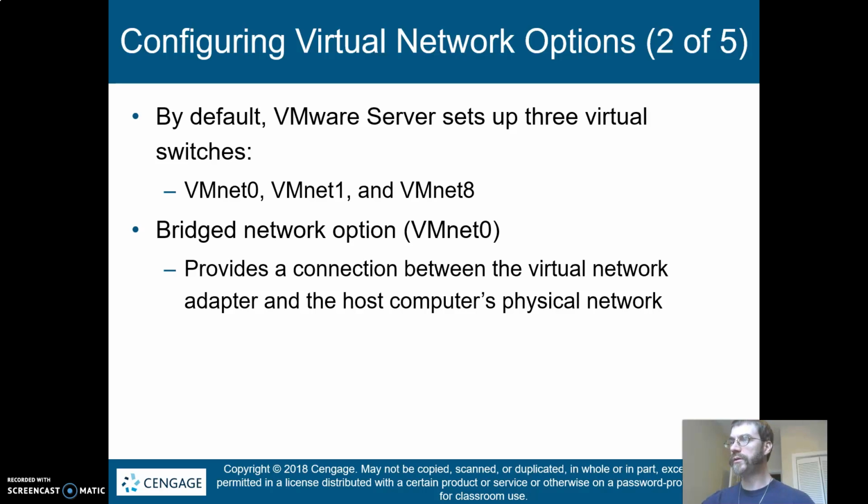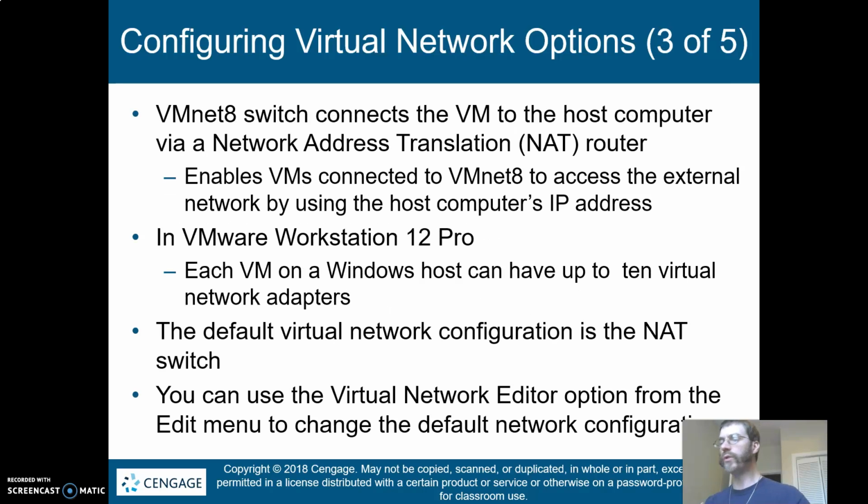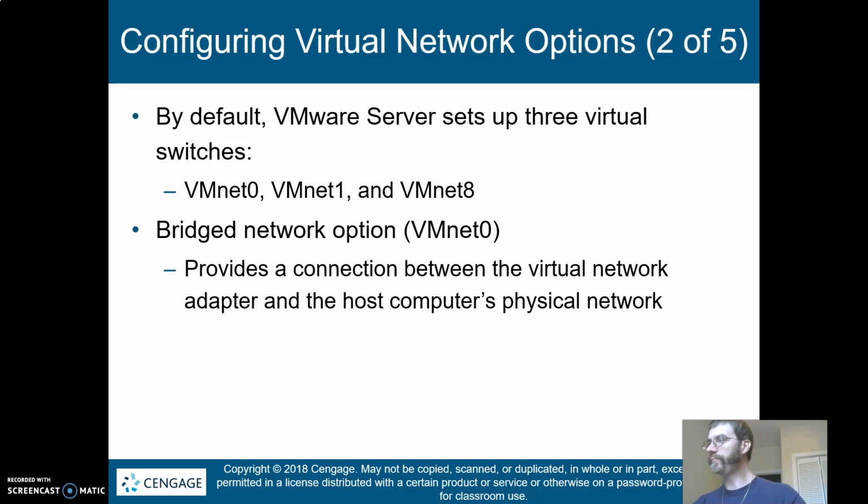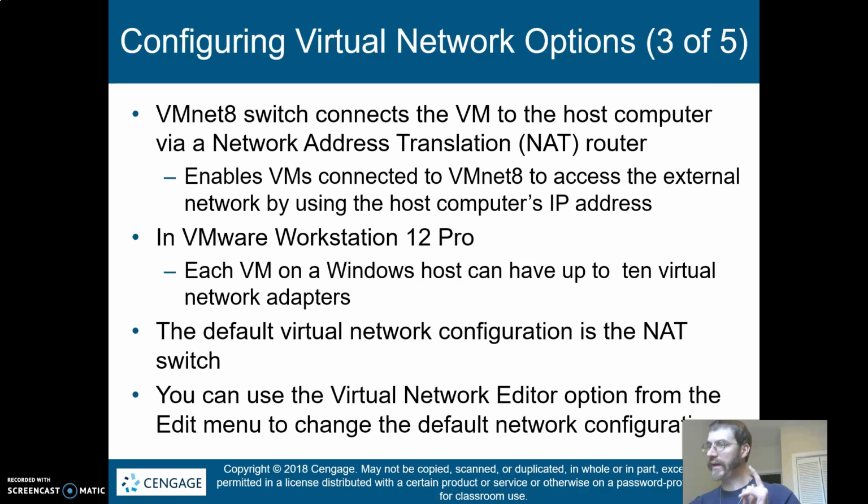The other option is VMnet 8. Okay, so VMnet 0 is bridged. VMnet 1, I believe, is host only. VMnet 8 is NATed, using network address translation, so that anything sitting on VMnet 8 will actually reach out through the hypervisor.